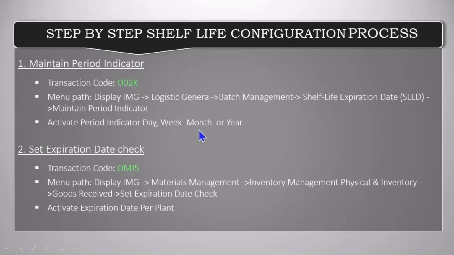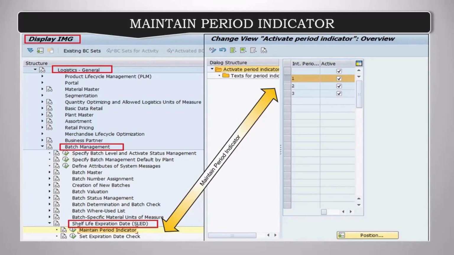I'll show you now how those screens look when you go into the system and do the configuration. This is the maintain period indicator screen. Follow the SAP reference IMG, logistics general, batch management, shelf life expiration date, SLED. Then click maintain period indicator.